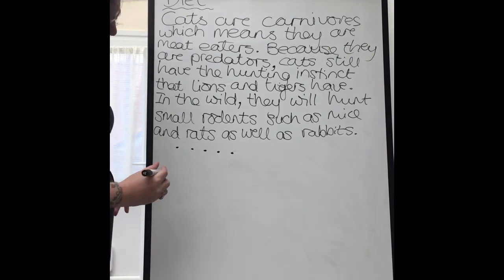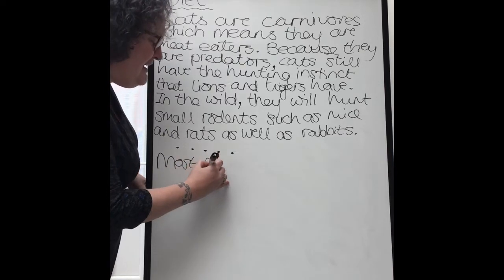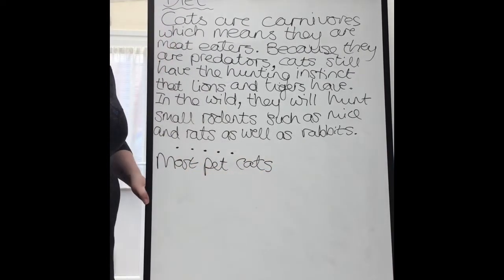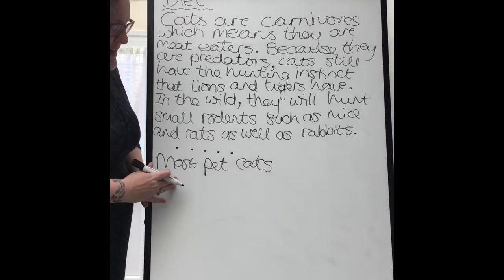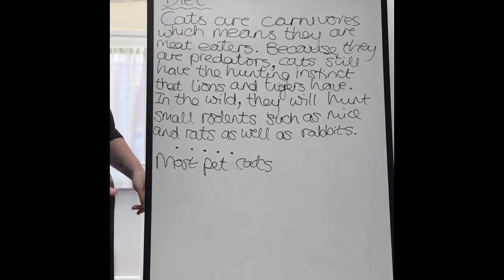Instead, I'm going to put most pet cats. Now, remember, in non-chronological reports, we like to use generalisers. So that is a generaliser. Most pet cats, not necessarily all of them, but most of them.